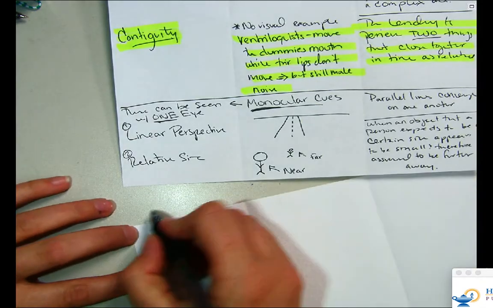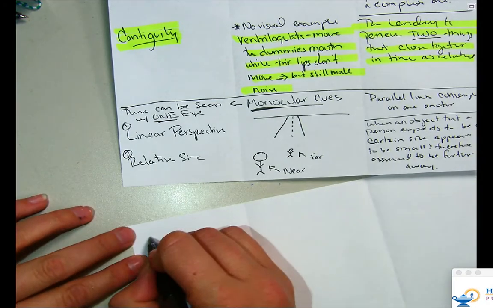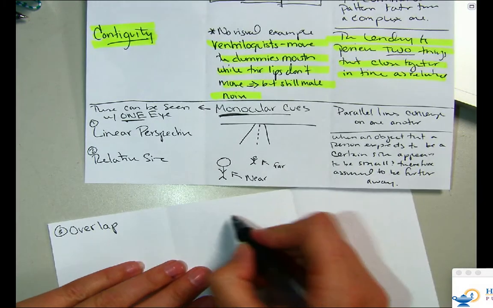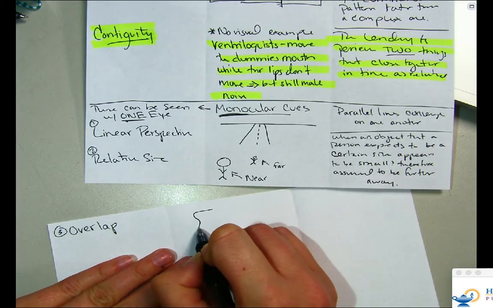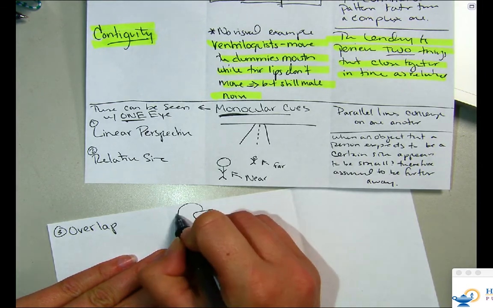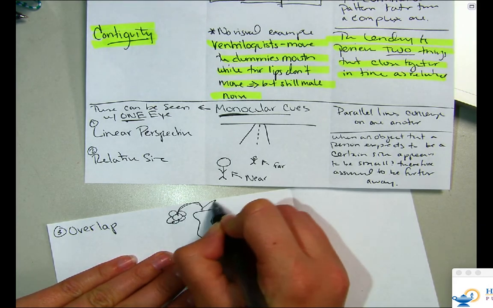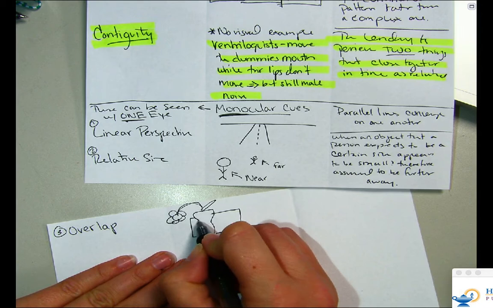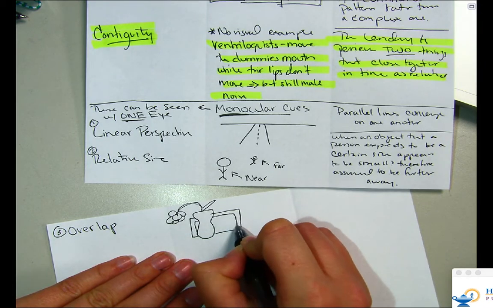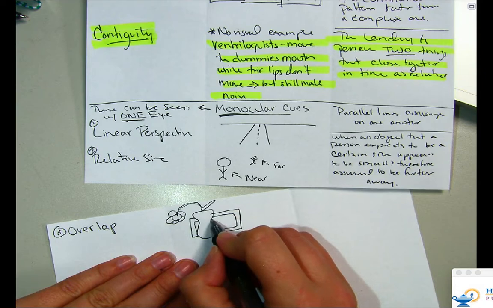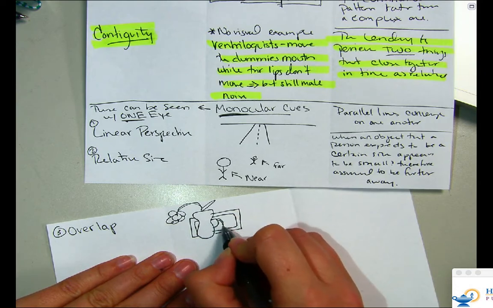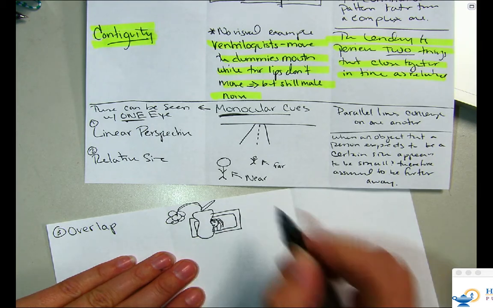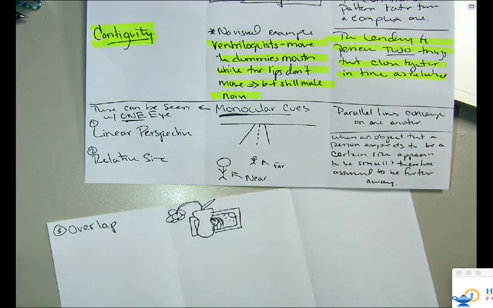Now let's go to 3, which is overlap. Okay, so overlap.